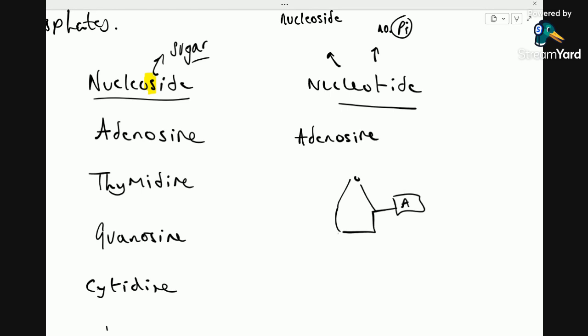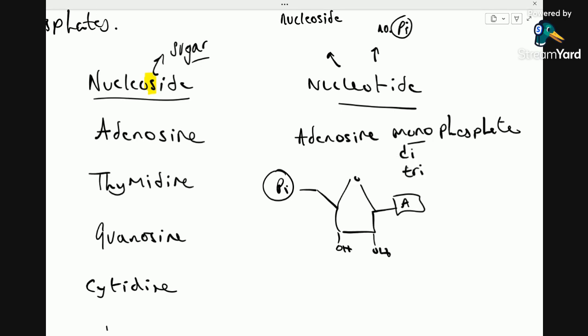I've got adenine connected to my ribose sugar. If I'm going to add my phosphate group to it here, it would be adenosine monophosphate for 1 phosphate. If I was to add 2, it would become diphosphate. If I added 3, it would become tri, or tetra if it's 4, etc.